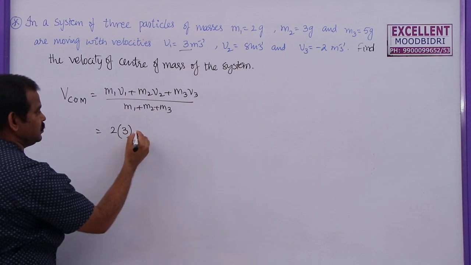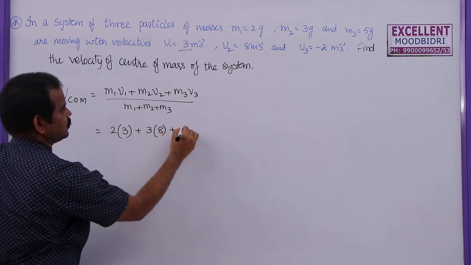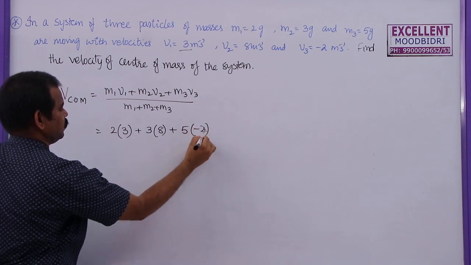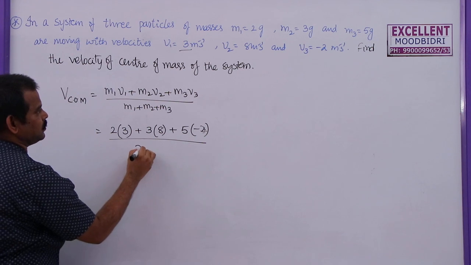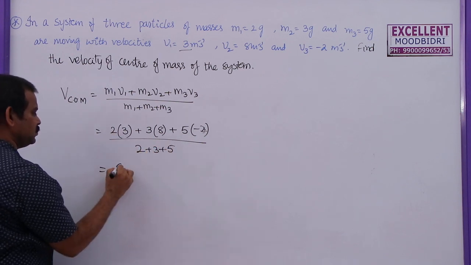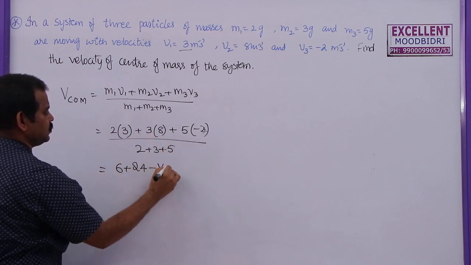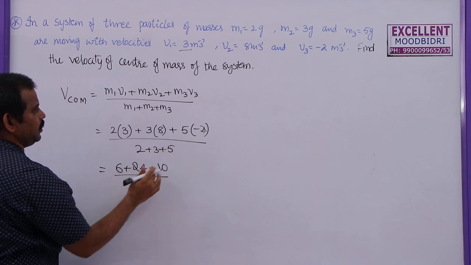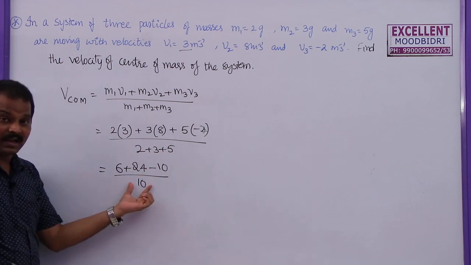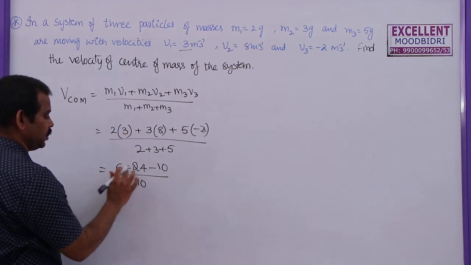You will get only the velocity: (2 × 3 + 3 × 8 + 5 × (−2)) / (sum of the masses, 2 + 3 + 5). So 2 3s are 6, this is 24, this is 10. The denominator is 10 grams, and the numerator is gram meter per second.